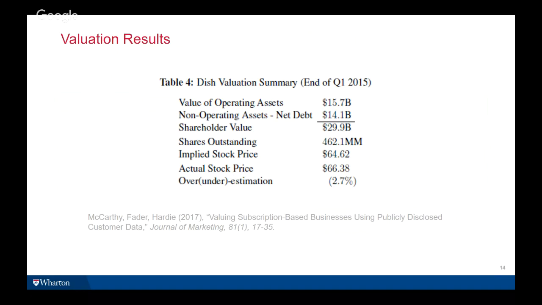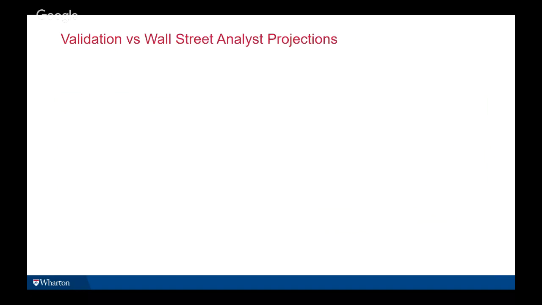But we've presented this work to a whole bunch of finance professionals, and we've got no pushback about the assumptions that we made. But the final validation, just to make sure that we're extra comfortable with the model that we're using, is to compare our predictions to other people who are making revenue forecasts. So who else makes revenue forecasts? Wall Street analysts do. Every quarter, they're going to come up with predictions of sales and predictions of earnings per share.